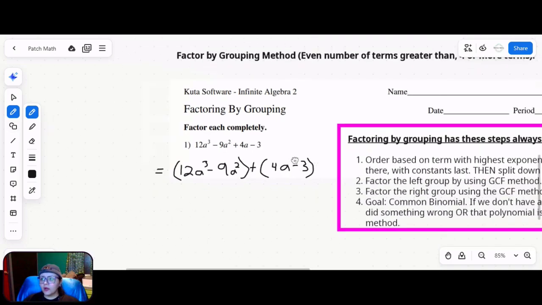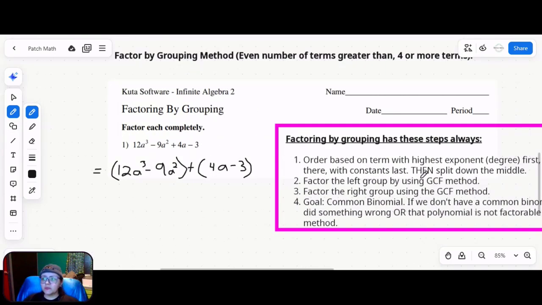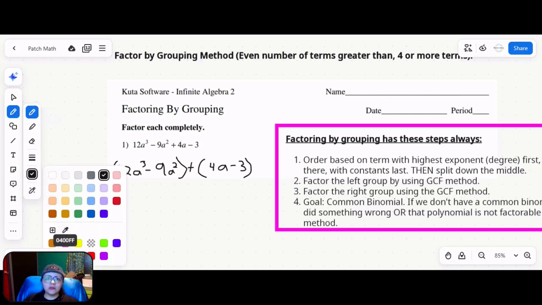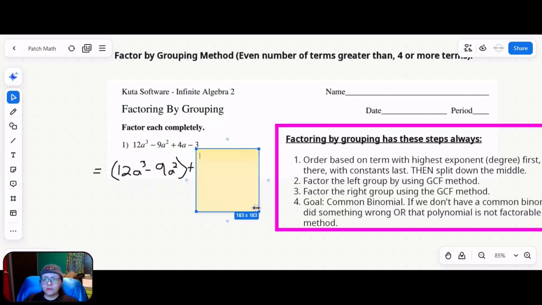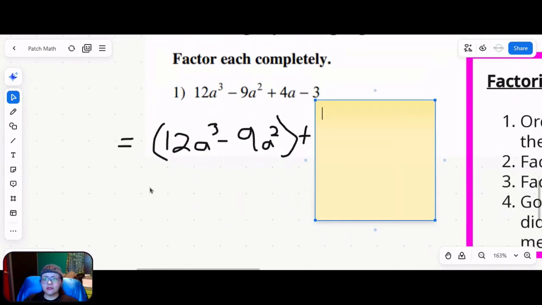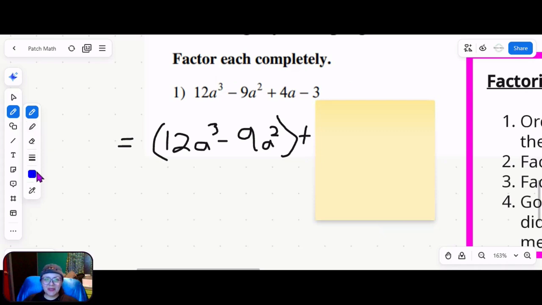So once we split this down the middle, the next step is to factor the left group using the GCF method. In this case, we're going to cover up the right-hand group and only focus here on the left. Using the method we just learned in the video before this, GCF can be done by looking at the numbers in the terms first.